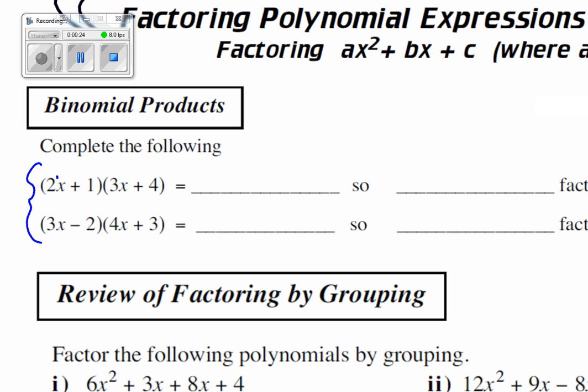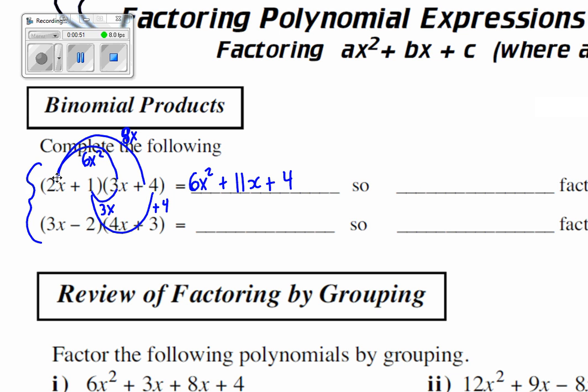Okay, first times first, right? FOIL, 6x squared. Then you're going to have a 4x, a 3x, and a plus 4. So once you collect your like terms, you should have 6x squared plus 11x plus 4.